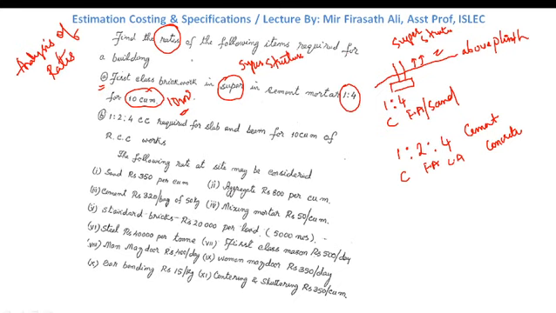We don't need the reinforcement detail, we just need the cement concrete detail, needed for slabs and beams. The total volume of those slabs and beams is 10 meter cube, which is also given to us.